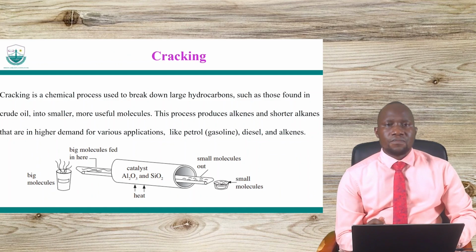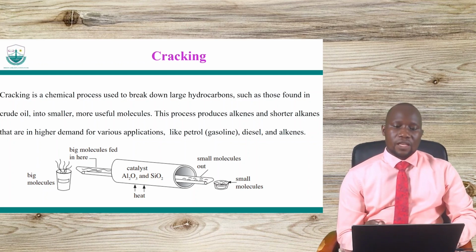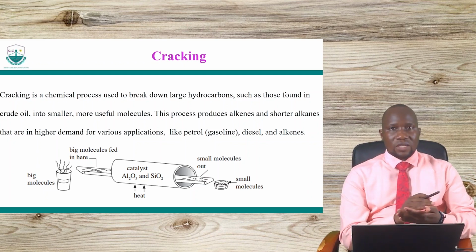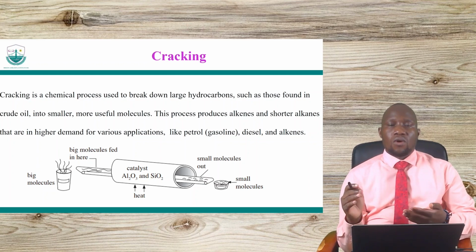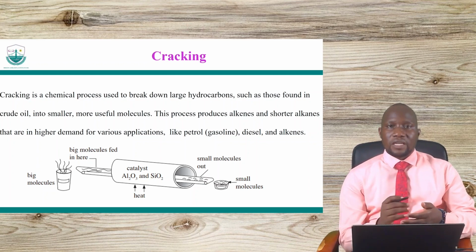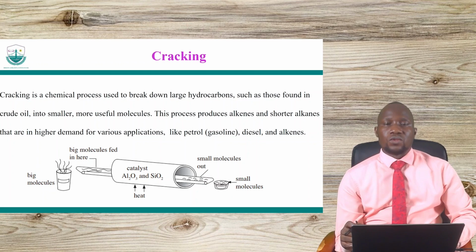You have seen that. But also, the process of cracking, for example at industrial level, can be used to produce ethene, and other products can also be produced. So what is this cracking? The process of breaking down long hydrocarbon chains into smaller molecules.